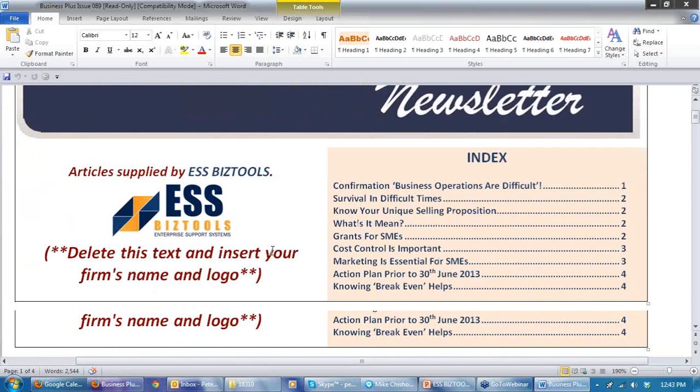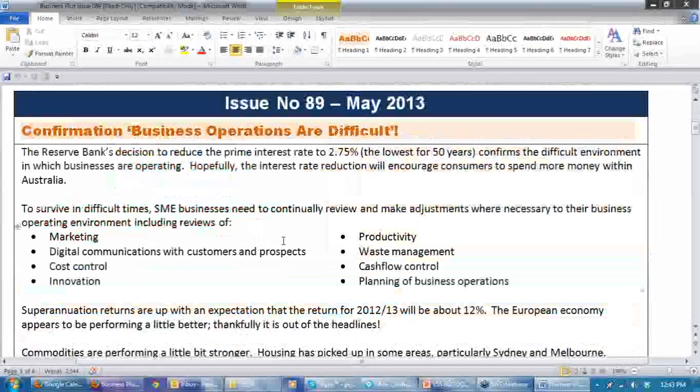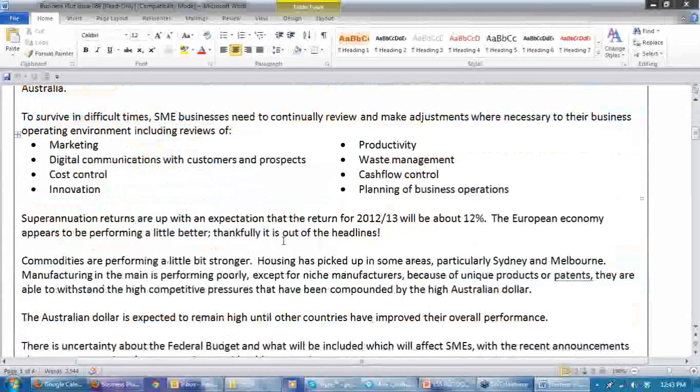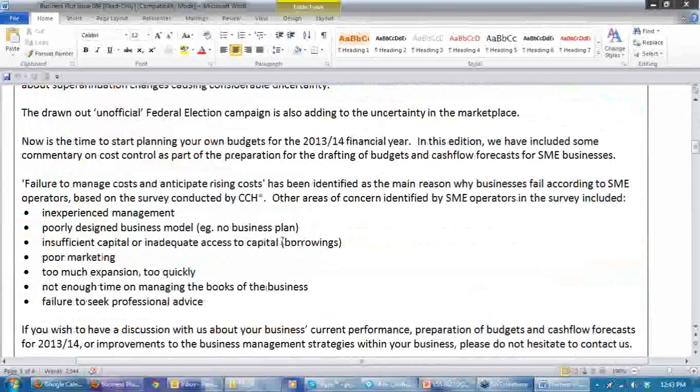There's always an editorial type commentary trying to look at economic conditions as they might relate to a small medium enterprise operation. We always try to write articles in a very politically neutral tone, so we don't want anyone getting embarrassed by something we have written.